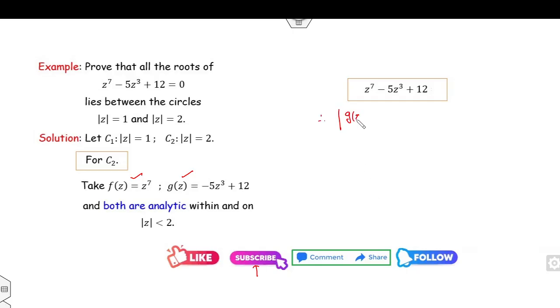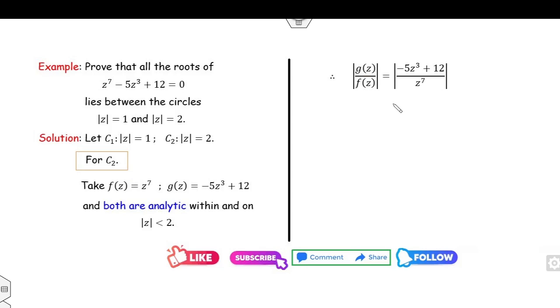Therefore, the value of g(z) divided by f(z), I can write this number as 5z cubed plus 12 over z raised to power 7. This number is my 5 plus 12 and it is my 8 plus 12, that is 42. Fine. Now you can see which is less than 1.